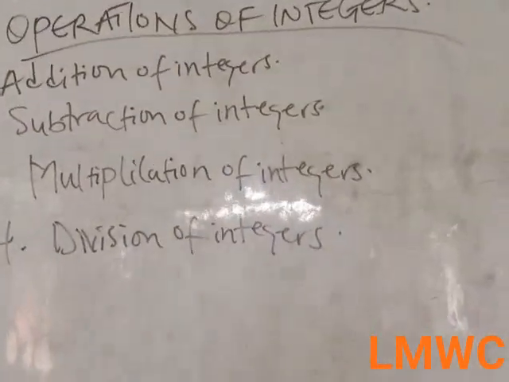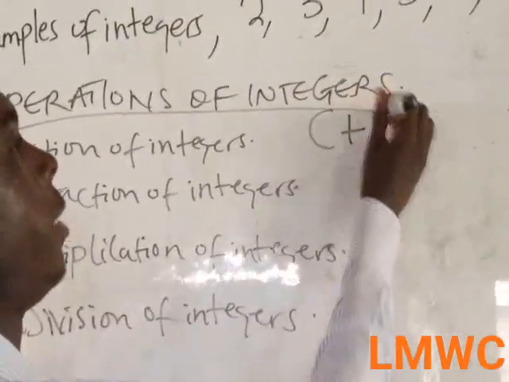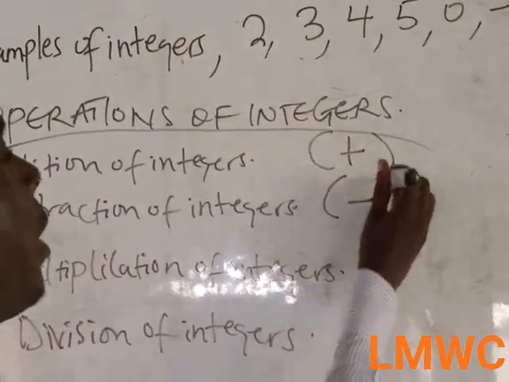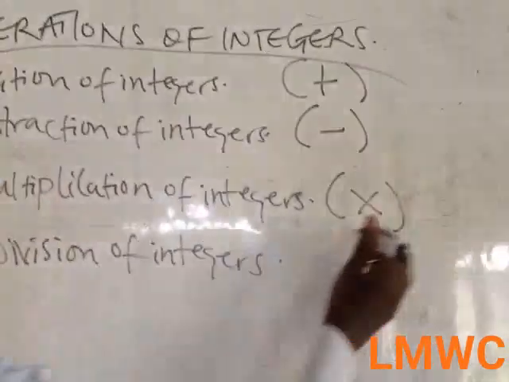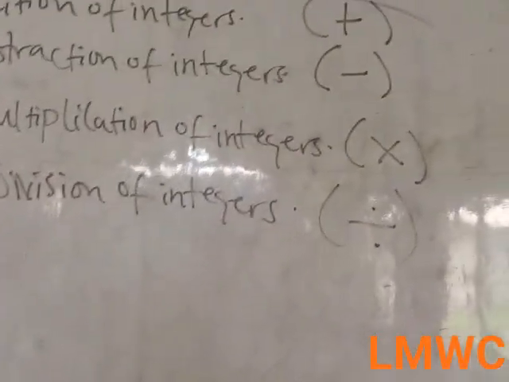So we will take it one by one. When we talk of addition, we all know that this is the addition symbol. This is the subtraction symbol. We have multiplication and this is division. So we should know the symbols.